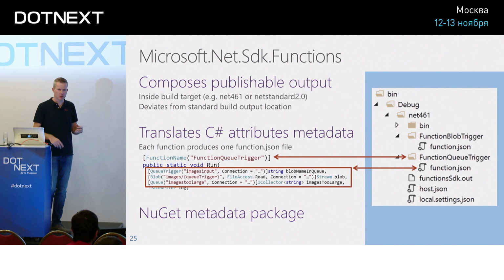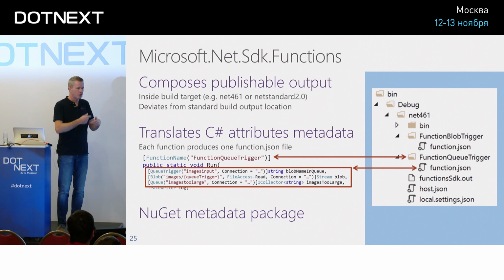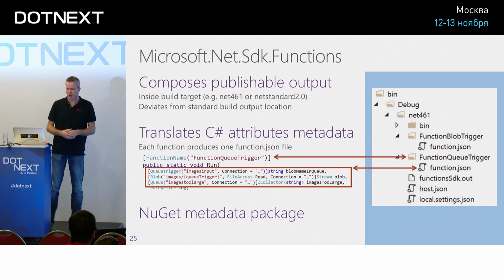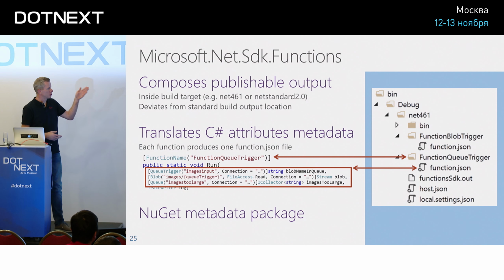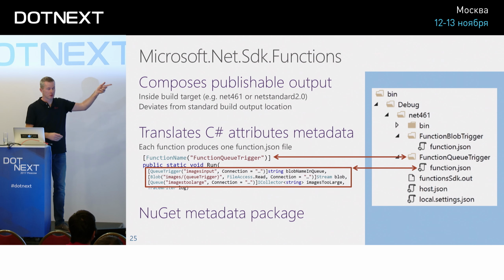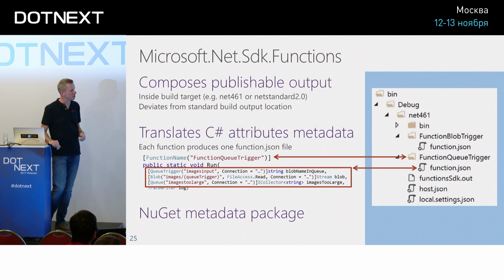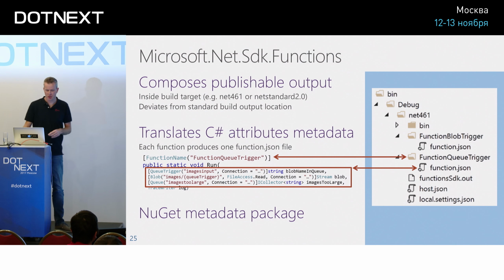It's a NuGet package. It's a meta package referring to other NuGet packages that you will need, but it will make sure that this is actually executed, and it will put publishable output content inside of your bin debug folder. So you see that there's a net461 on the right. It contains the host.json, it contains each of your functions with the JSON files, and it has the bin folder with all of the binaries, all the assemblies.